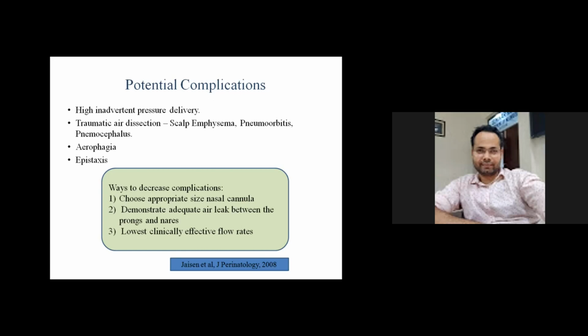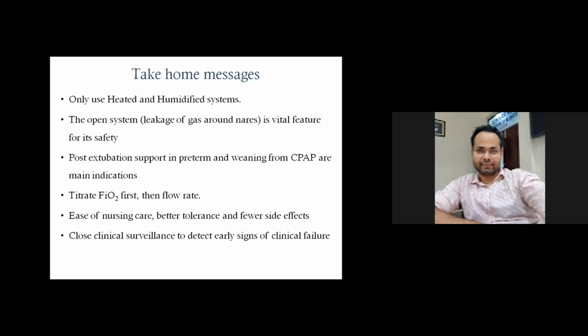We can decrease the complications by always keeping in mind to choose the appropriate nasal cannula size, demonstrate adequate air leak between the prongs and the nares, and use the lowest possible clinically effective flow rates. To conclude, we should use only heated and humidified systems, as Grisha has always stressed.